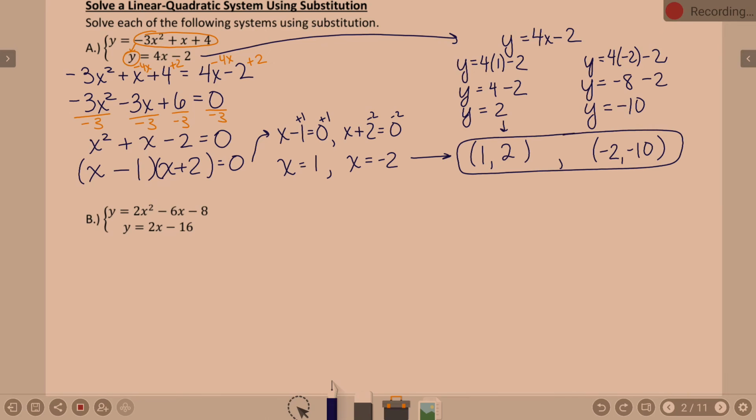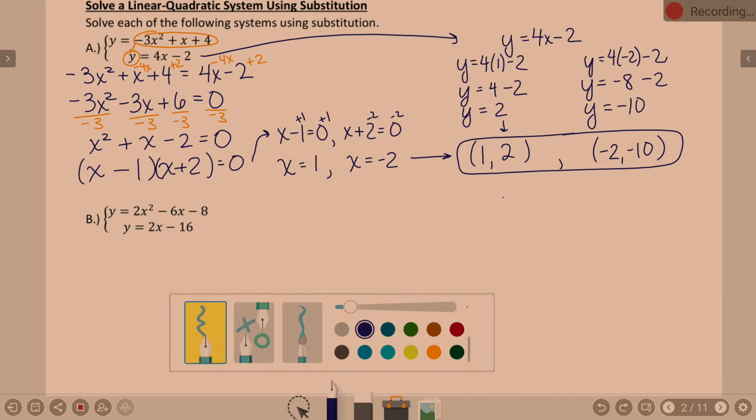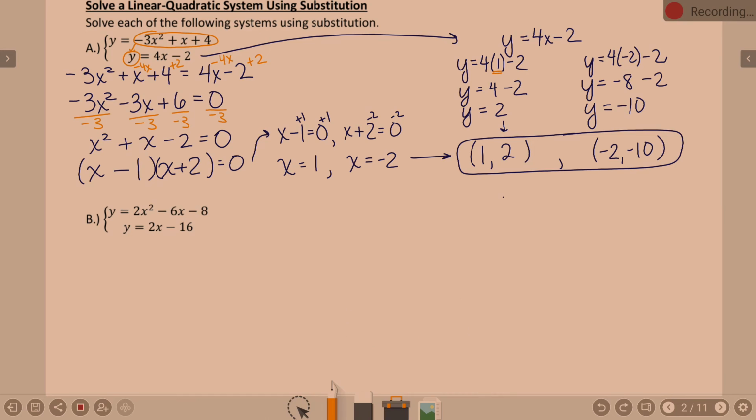How do I know what? How do you know the 1 goes with 2? Because right here, I plugged in 1 for x. So when I plug in 1, I got out 2.